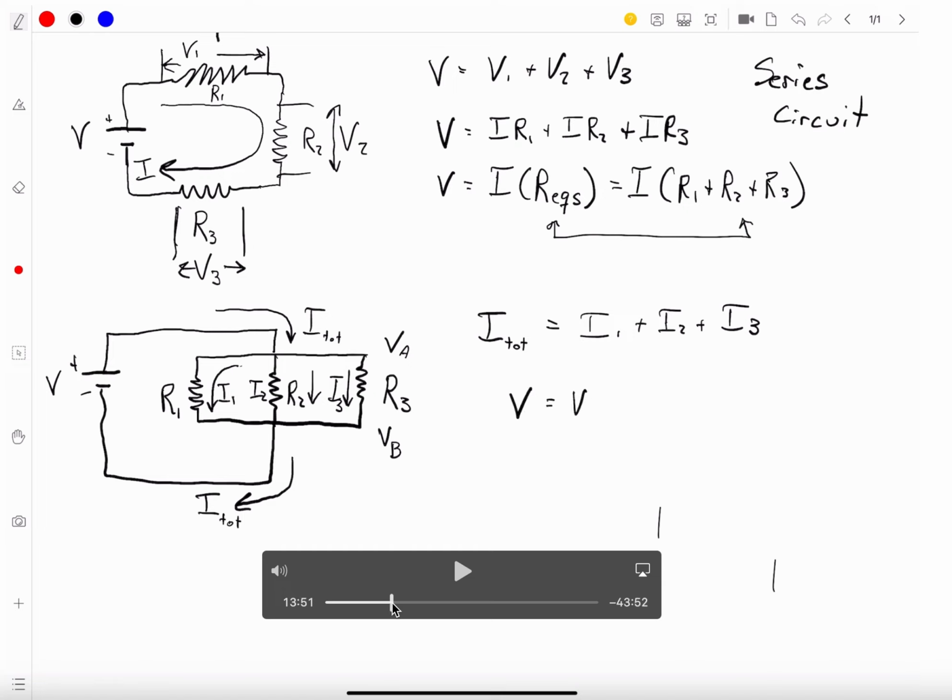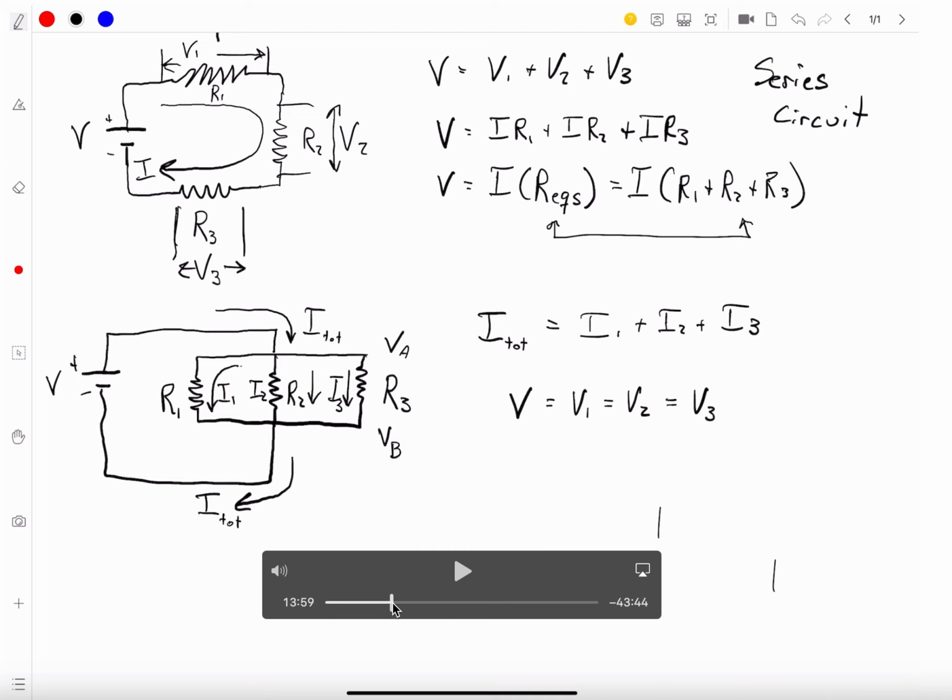So we know that at least, and we also know that the voltage across is the same, VA to VB. That voltage drop is the same as the voltage that is supplied by the battery or our DC voltage supply. So V1 has to equal V2, has to equal V3.